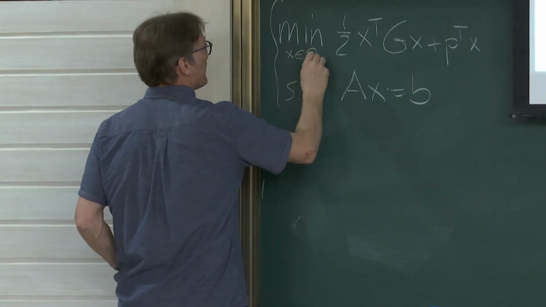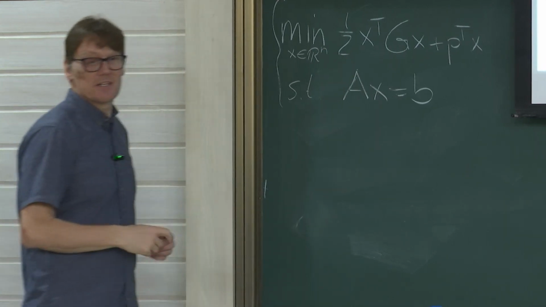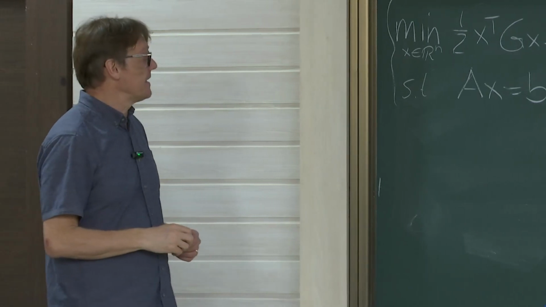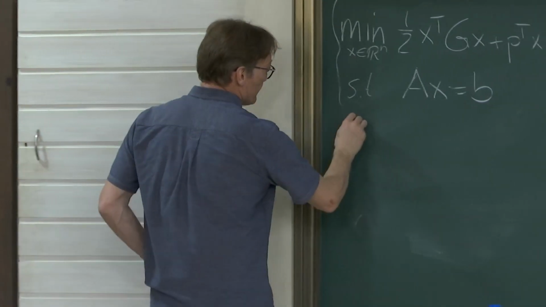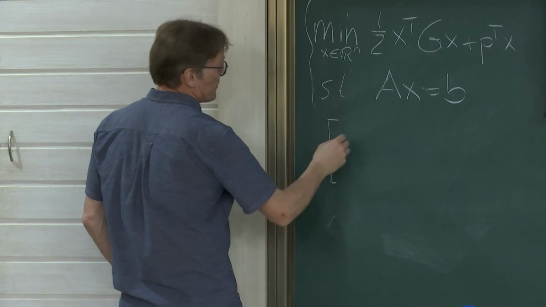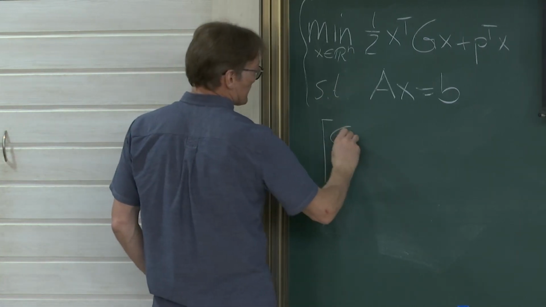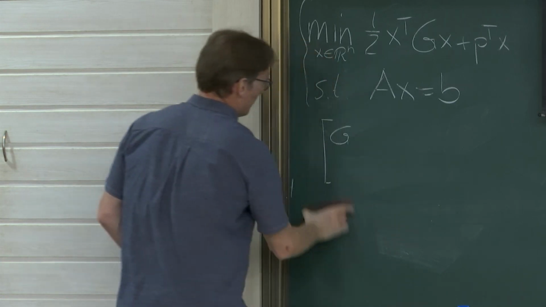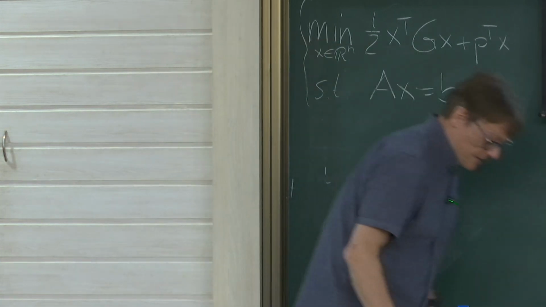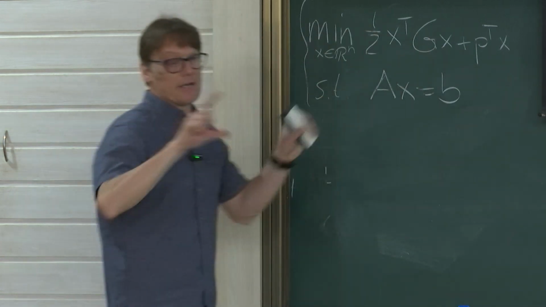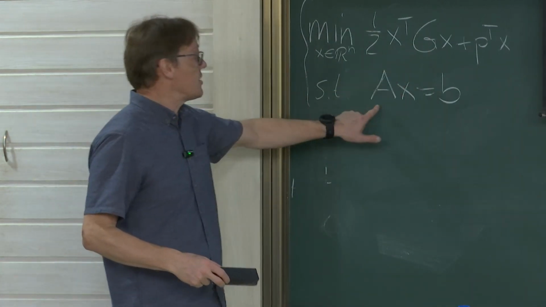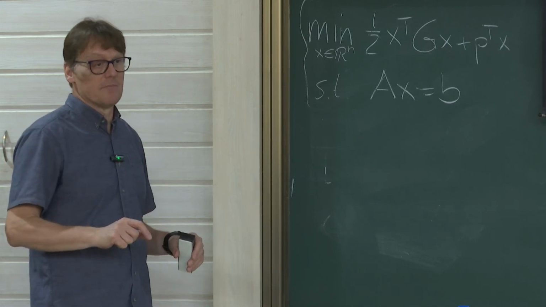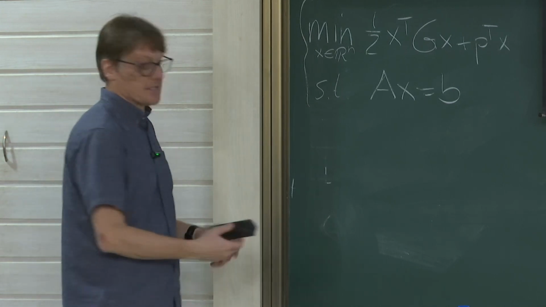Correct. There are no inequalities. And if G is convex, I should have said, and you can relax convexity, then the first order conditions become a system of equations, a 2x2 block system involving the matrix G and matrices A and A transposed. And there are very efficient methods for solving this problem.